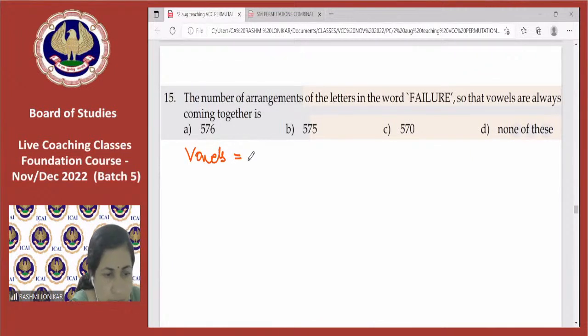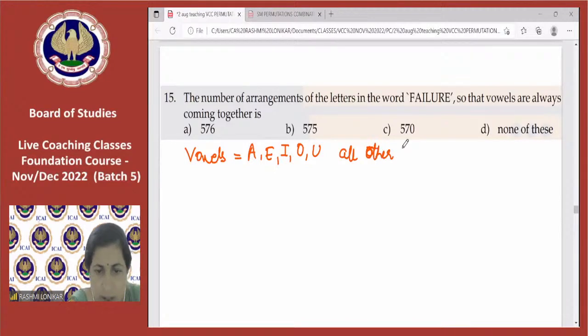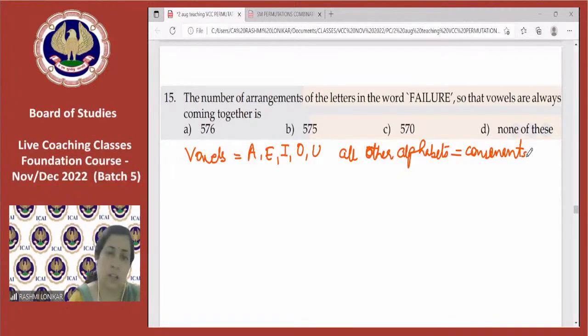A, E, I, O, U. All other alphabets are called consonants. Is that clear?